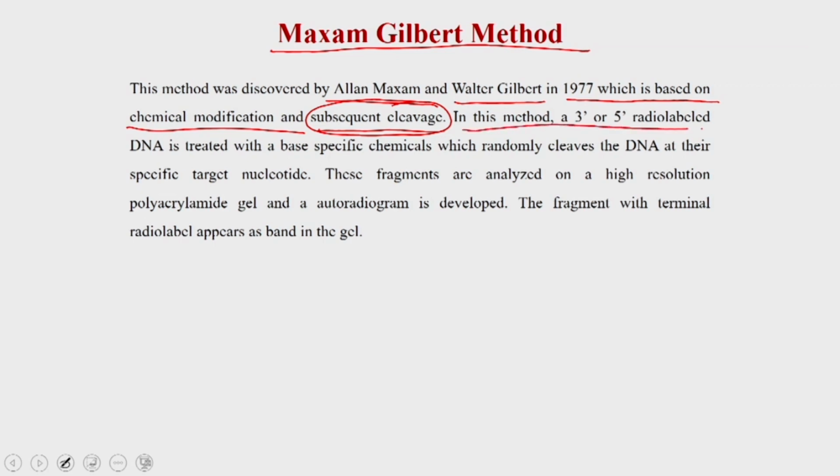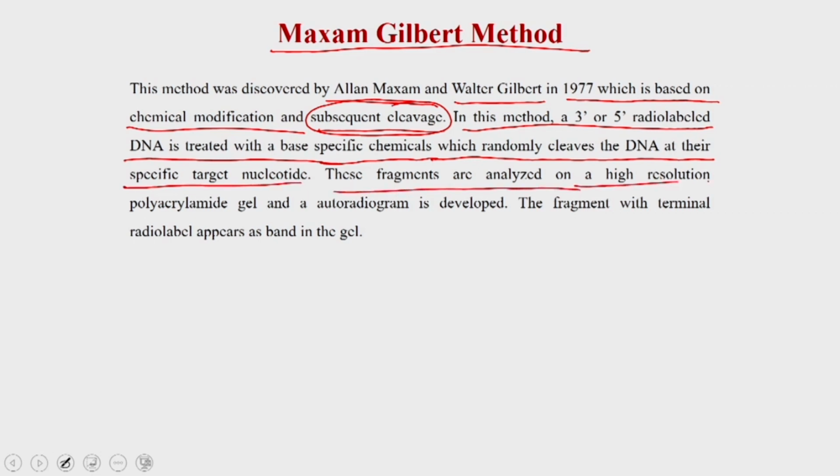You label either the 3 prime or the 5 prime end of the DNA, and then you treat the DNA with base specific chemicals which are going to modify the bases, and then you add the cleavage reaction, and that is going to cleave the DNA at random places. You analyze these fragments on a high resolution polyacrylamide gel, and subsequently you develop them in an autoradiograph. The fragments with the terminal radiolabel appear as bands in the gel.